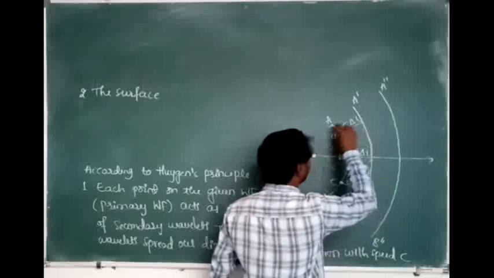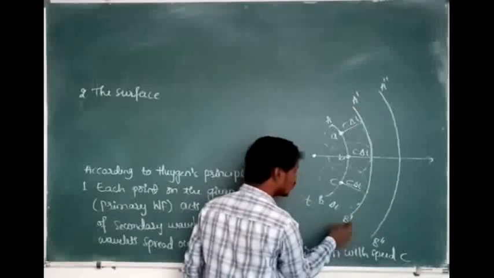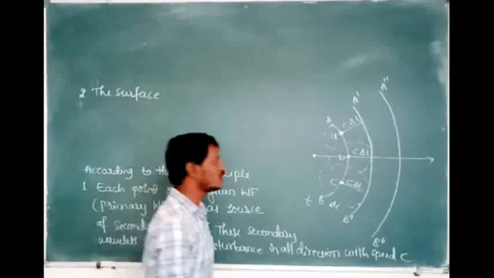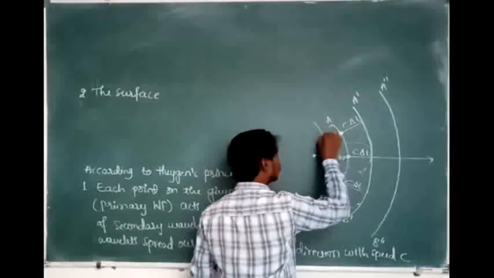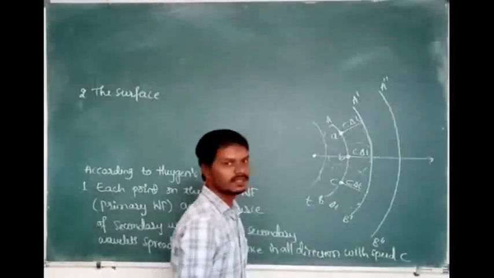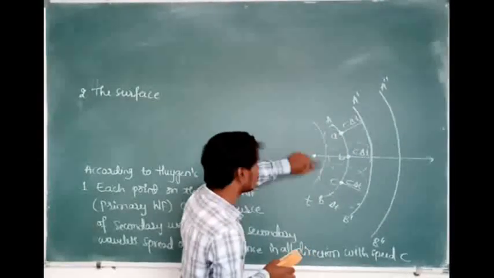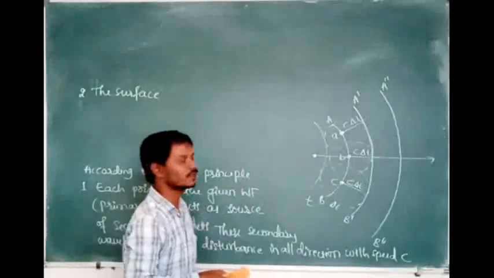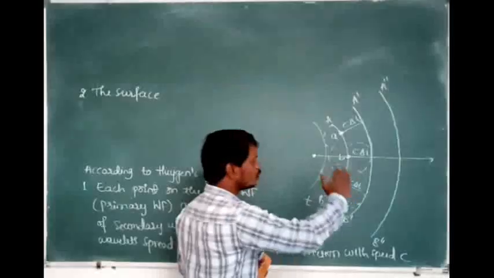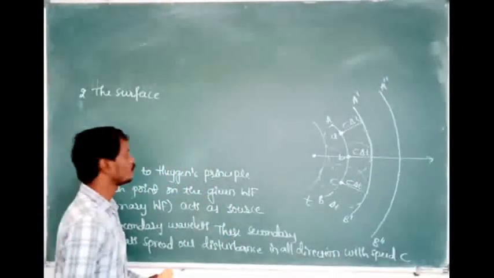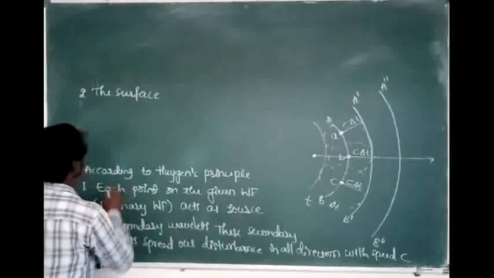So for these two, A dash B dash is the secondary wavefront and AB is the primary wavefront. Remember this one. And again, I will draw here. It is also a tangent drawn to the secondary wavelets, but this is called the backward wavefront and this is called the forward wavefront. But here, in which direction should the wavefront always be propagating? Forward direction, away from the source of light.